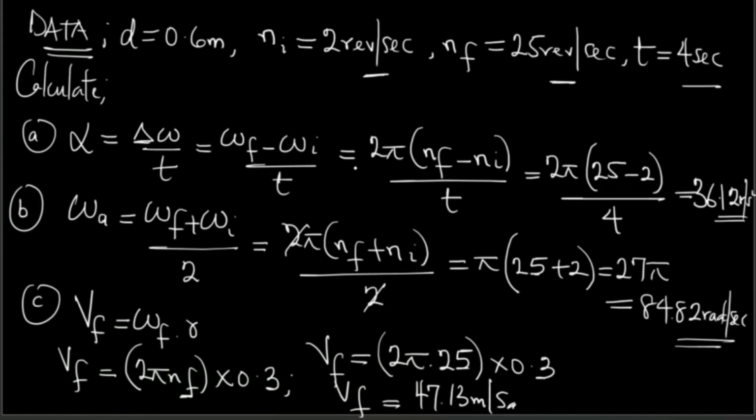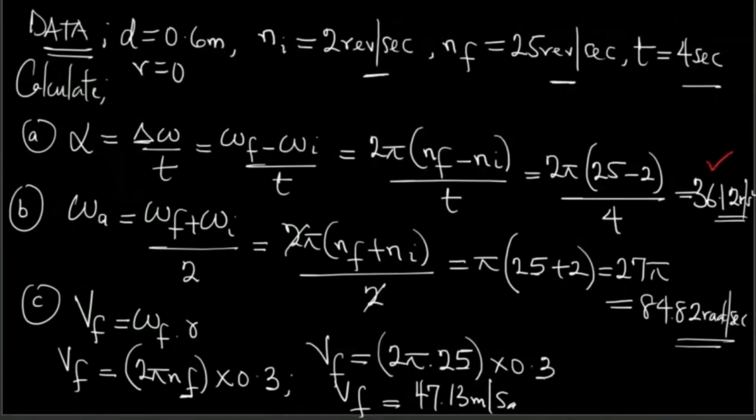The D part, the linear acceleration. Let me just give you some time to write. With the linear acceleration, you are going to connect the angular acceleration to the radius.